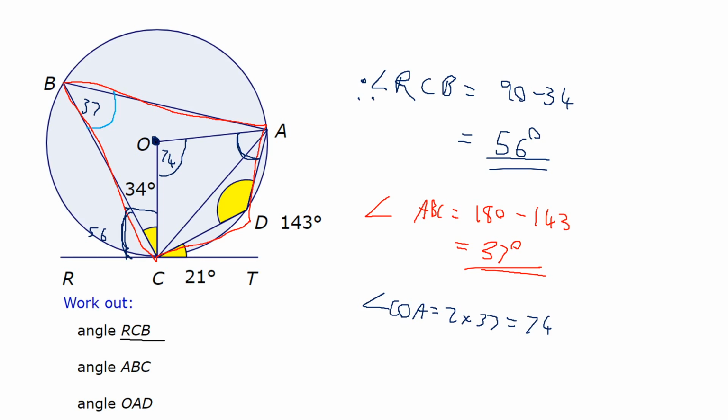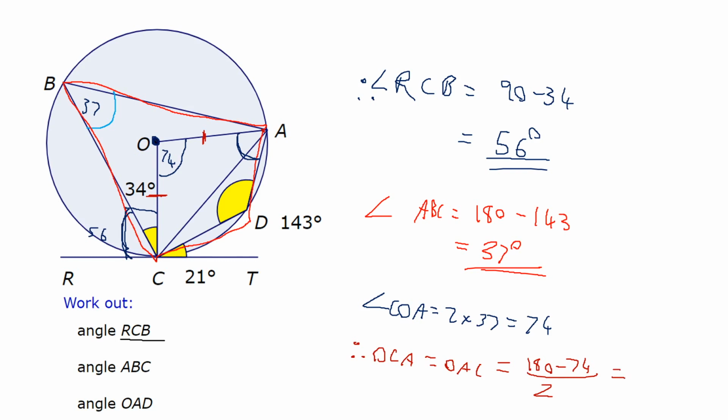And now, I want you guys to really get used to this idea. If this is a radius, it means that this is also a radius, which means that OCA is an isosceles triangle, which means that OCA is equal to OAC, which is equal to 180 minus 74 divided by 2.